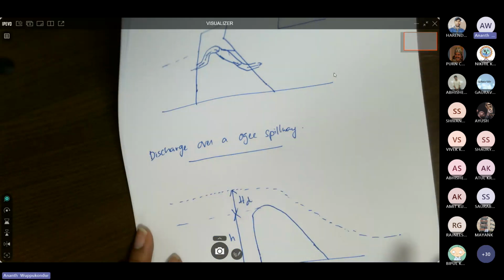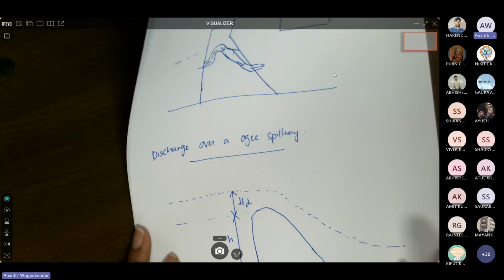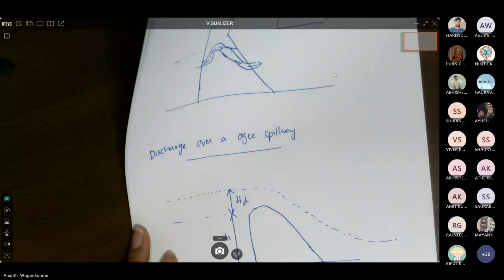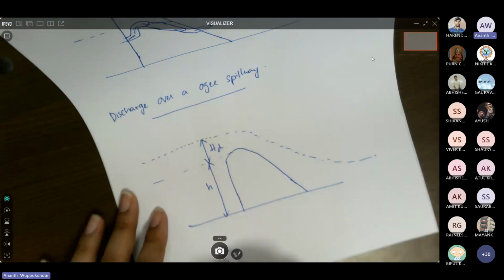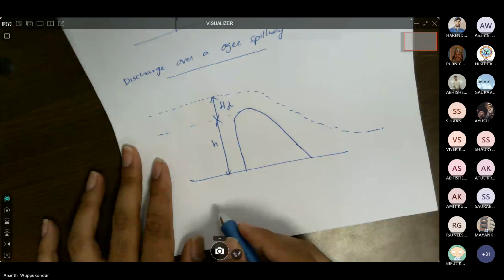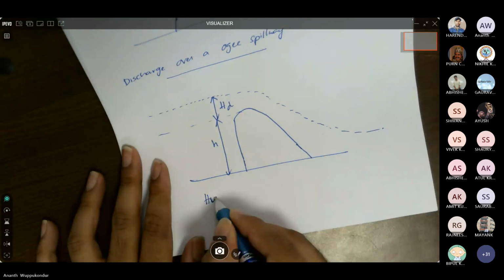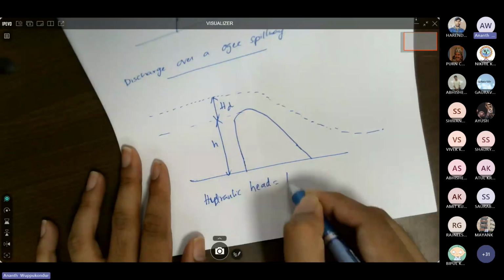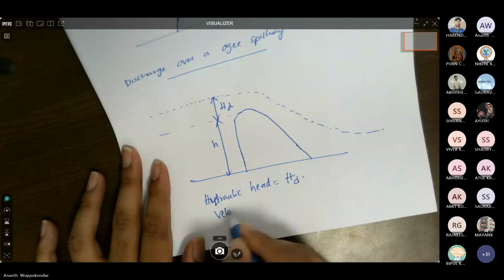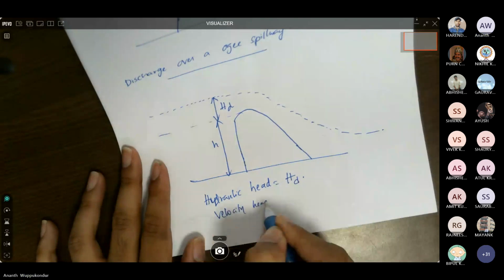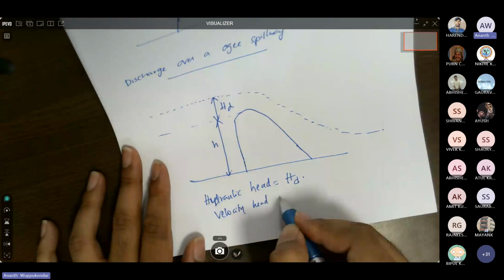Now you know there are two types of heads in open channel flows. One is the hydraulic head, which is the flow depth, and then the velocity head, which is generally given by v square over 2g, and here I'm calling it, let's say, ha.